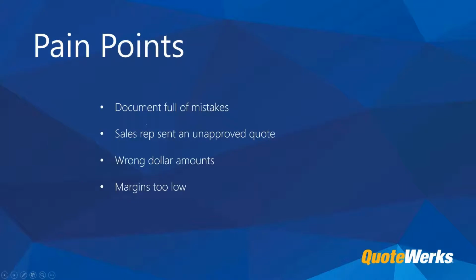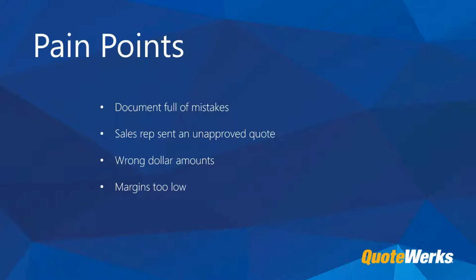All right, next slide. So in today's webinar, we'll be covering the pain point of sending quotes and proposals to your customers with errors. And this is definitely probably the most popular topic. You definitely have the most registrants today. We really want to keep our sales reps from sending this information. So have you ever had a sales rep send an email or a quote to a customer that you wished you'd reviewed before the customer received it?